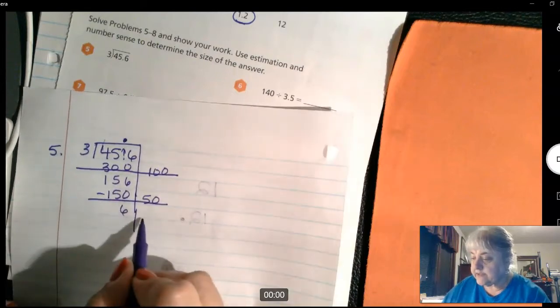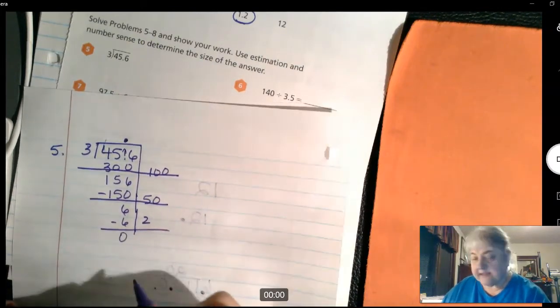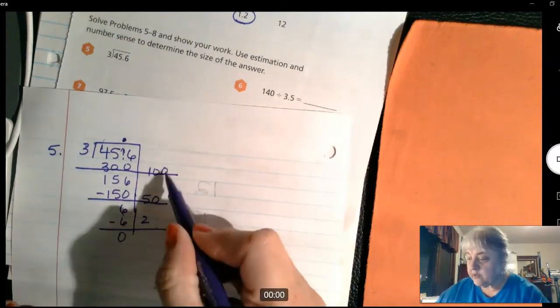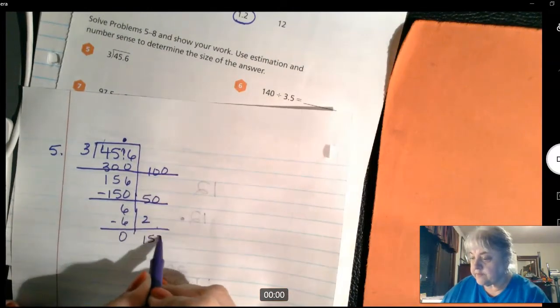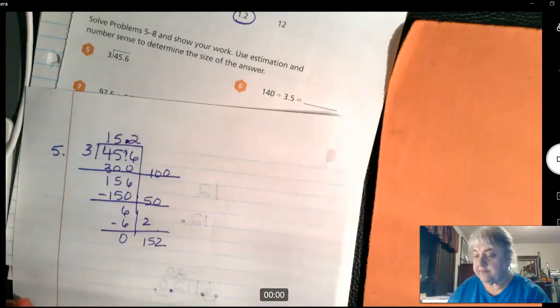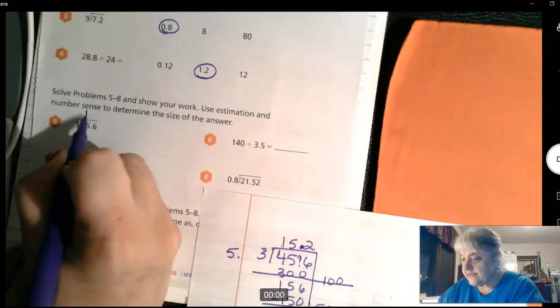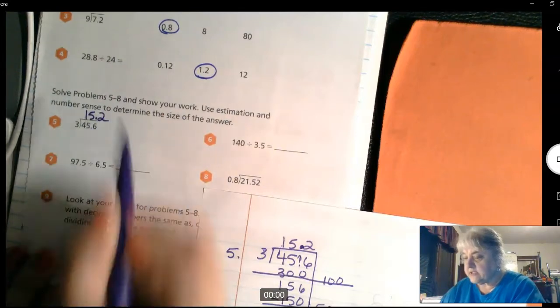Now I know that 3 times 2 is 6. I'll take off 2 more groups, and that leaves me with 0. So how many groups did I take out? 152. And I'm going to put that number up here, and I have 15 2/10. So my answer to this problem is 15 2/10.